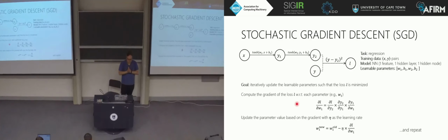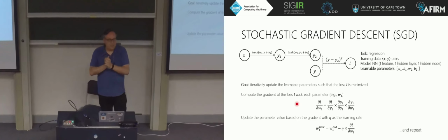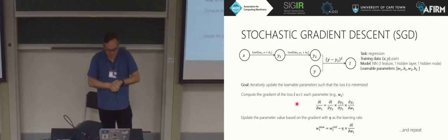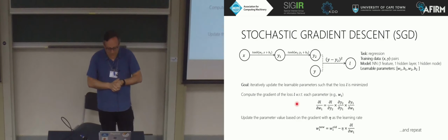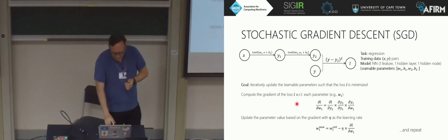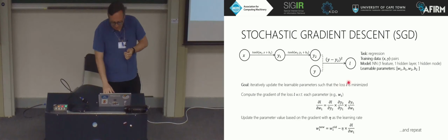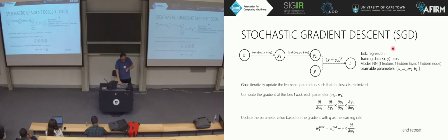So how are you going to learn now that you've got this loss? This is just an example of how you could learn given a loss. In this case, the loss is on a regression task, and the way it's written here, the loss is the squared error that we talked about.